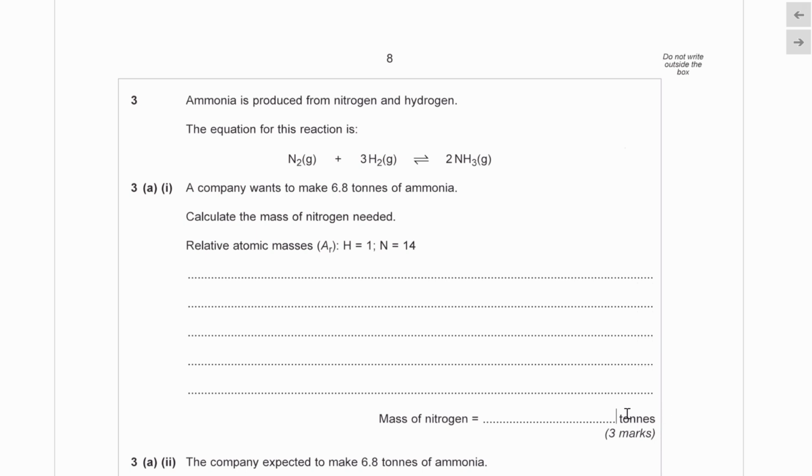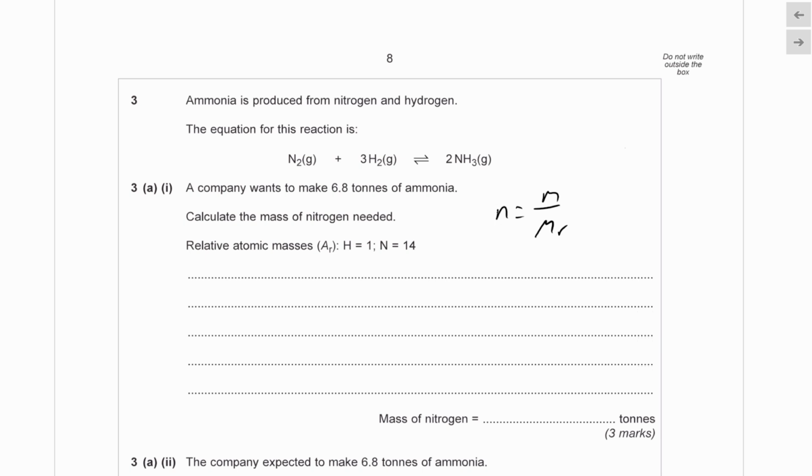Alright. So if we want 6.8 tons of ammonia, then we need to work out how many moles that is, okay? So I'm going to work out using the equation n = m over Mr. That's number of moles is equal to mass over molar mass, the number of moles of ammonia, okay?